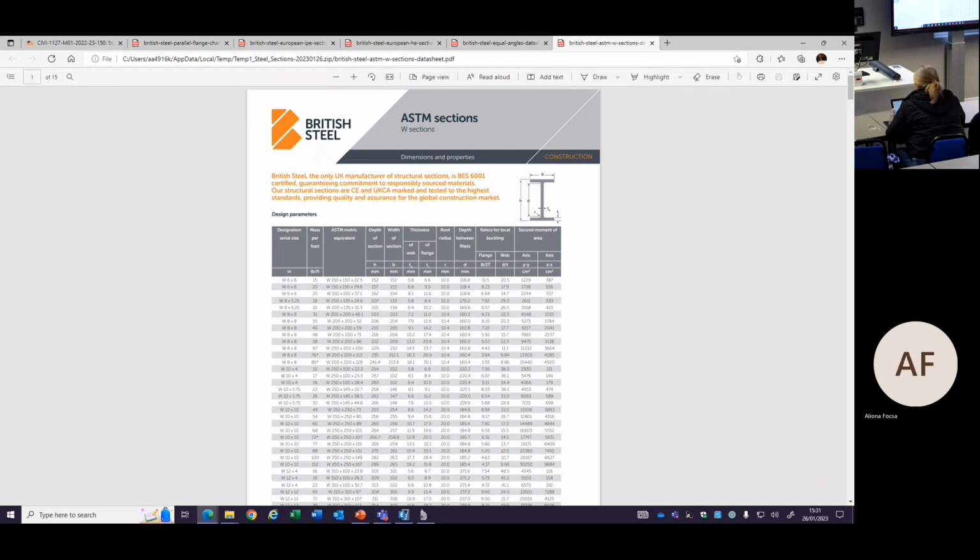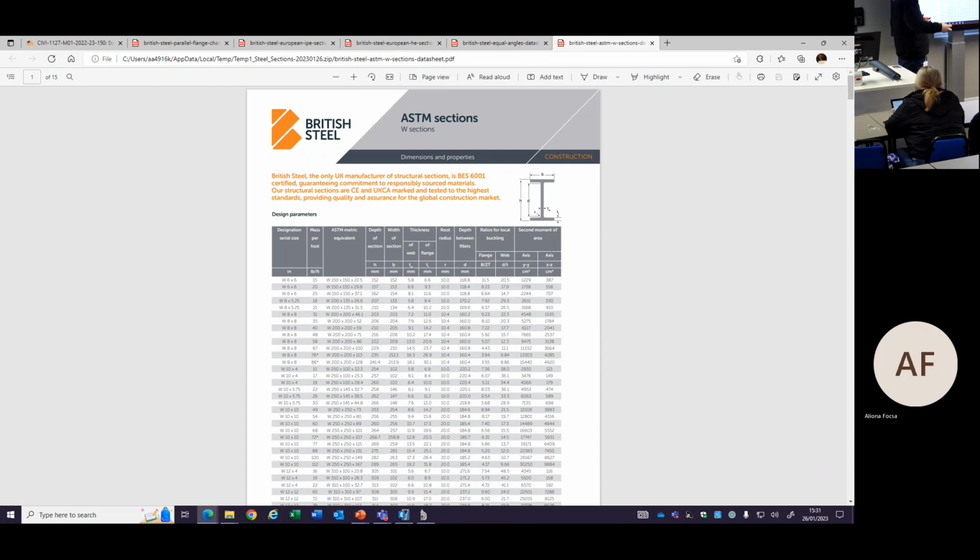This is the W section. These are usually used in the United States. It's very common practice to use W sections. It is an I-beam, but it's a standard of W section, wide section.